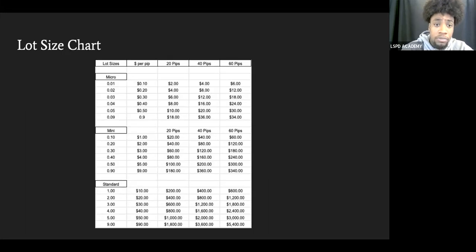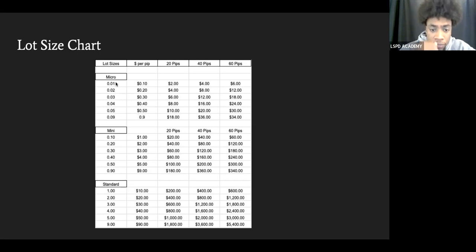So, little example here. You have your micros, right? So micros are in cents. So you have 10 cents per pip, 20 cents per pip, 30 cents per pip, and so forth until you get to 90 cents per pip, right?